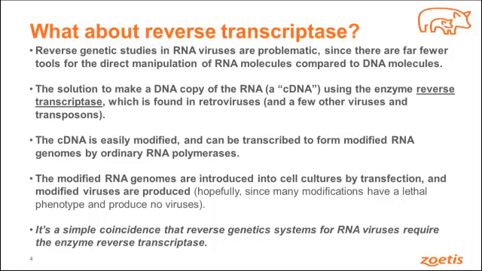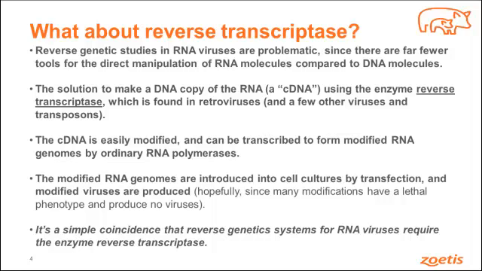And we do that using an enzyme, reverse transcriptase, which everybody knows comes from retroviruses, also a few other virus families, and from transposons. And the cDNA is easy to manipulate. We can make our modifications and we can transcribe it into RNA, which then represents the PRRS virus genome in this case, using ordinary RNA polymerases.